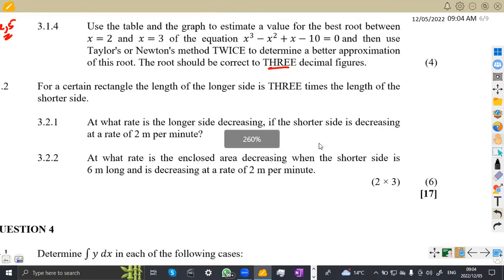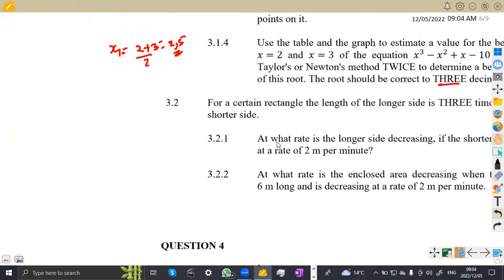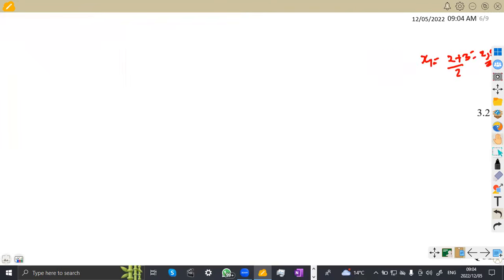And for 3.2, we are given that for a certain rectangle, the length of the longer side is 3 times the length of the shorter side. Everything is given in terms of the shorter side. So let's start by having our presentation of what this question is actually saying.